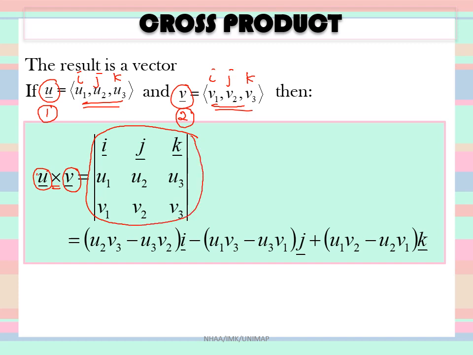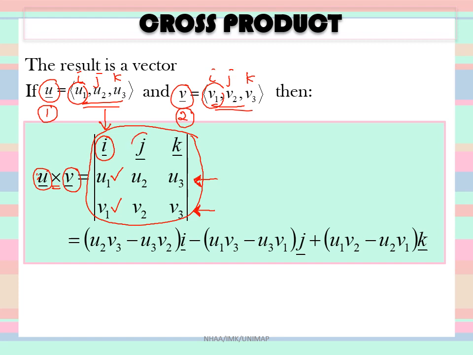Alright, so the first vector, which is vector u, you write it in the first row. Okay, and the second vector, which is vector v, you write it in the second row. Alright, and if you look by column, the first column is the component for vector I. The component for vector I is u1 and v1. That is your I component for both vectors.